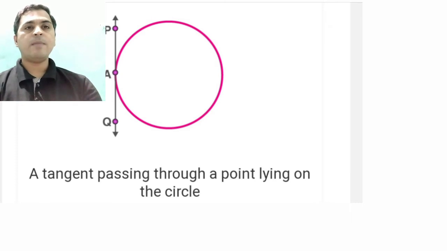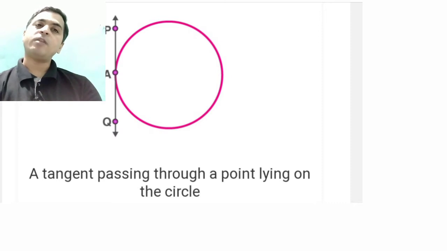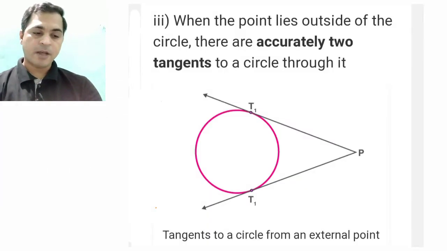If you are considering 15 points on the circle and you pass a line through each, there will be 15 tangents. So finally you can say that a circle is a set of infinite points. From one point of the circle, one tangent is passed, so from infinite points, infinite tangents can be passed.